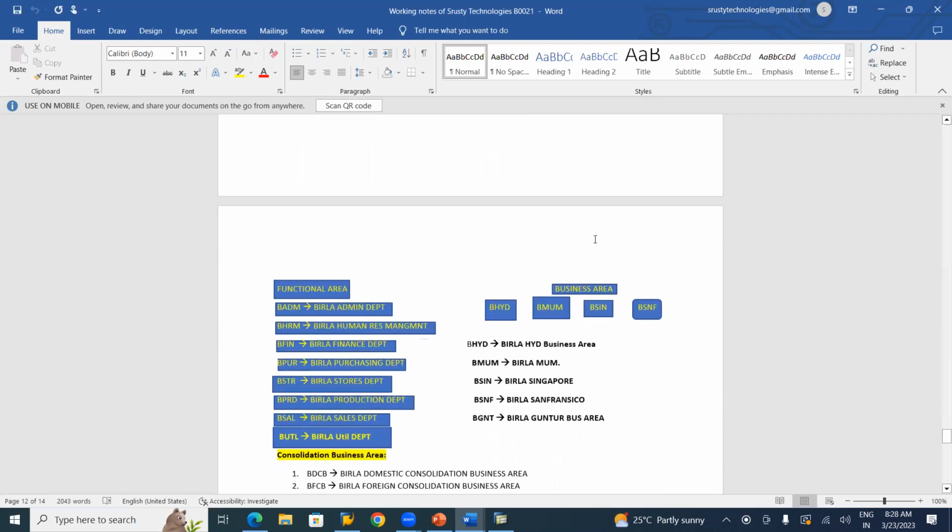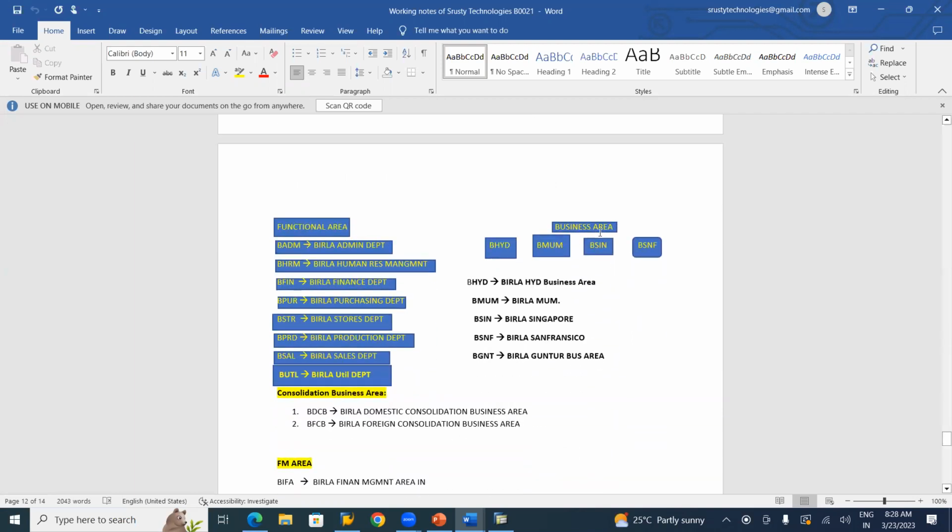Next, we are going to do business areas. Business areas are nothing but your branches. In India, I have the Hyderabad business area, the Mumbai business area, and one more I forgot to mention here, the Guntur business area.